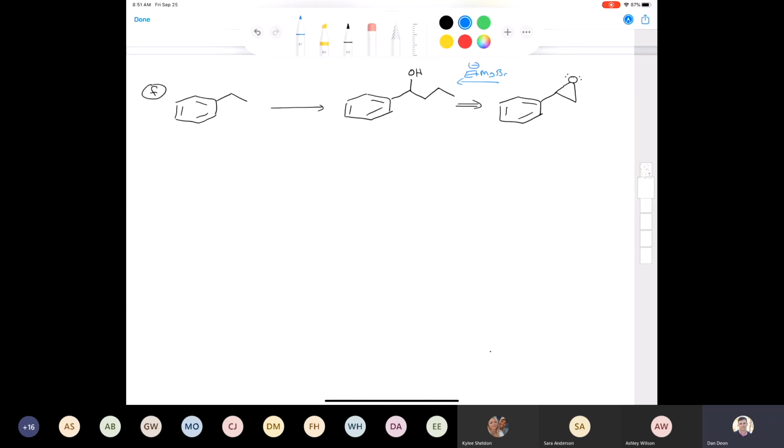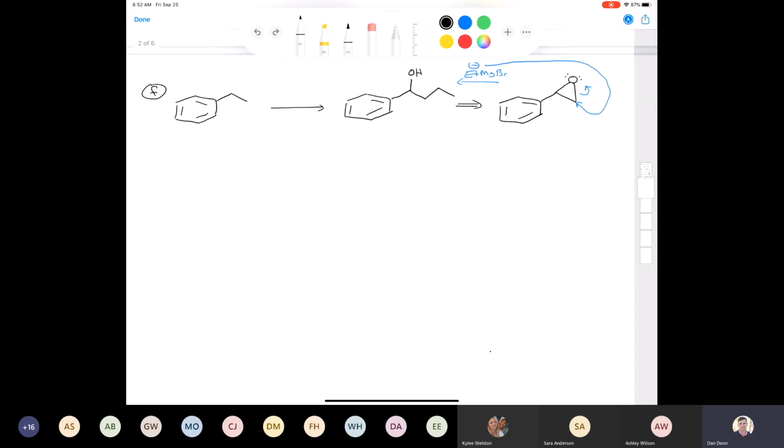And that ethyl group is going to act as a nucleophile and crack this open, like that. And I bet you could all figure out how to get from ethylbenzene to 2-phenyloxirane, right?